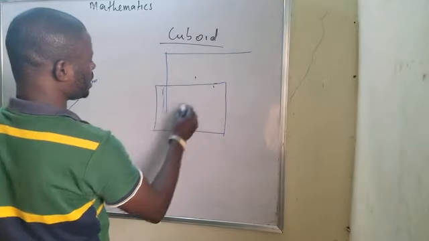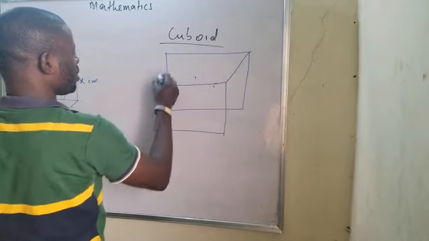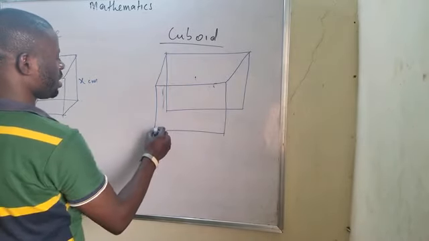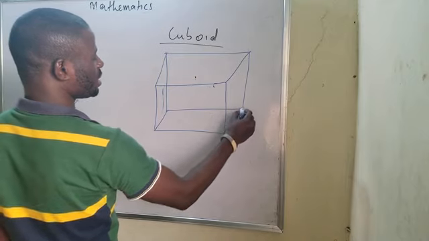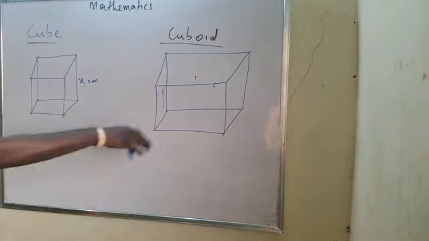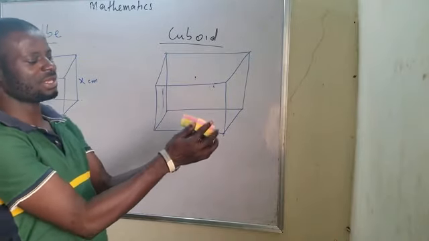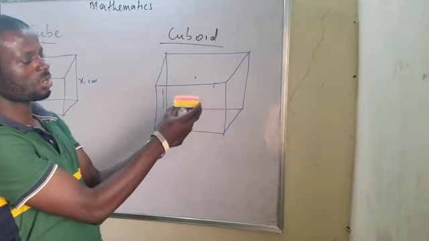So by so doing, this is a cubic, this is a cuboid. That is what you need to understand here. When we talk about cuboid and cubic, one is like this, one is like that. It means you have it in a solid pattern like this.